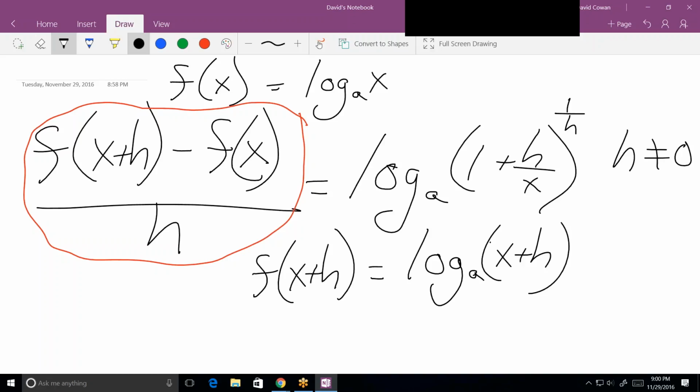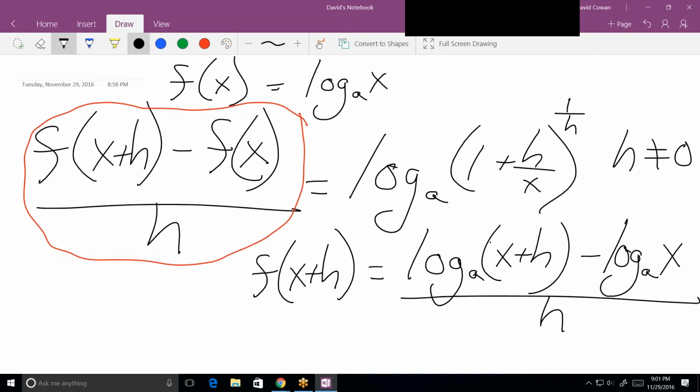So, if we translate all of this, we get log base a of x plus h minus f of x, which is log base a of just x, right? So on the right side of the equation, we have f of x plus h minus f of x.